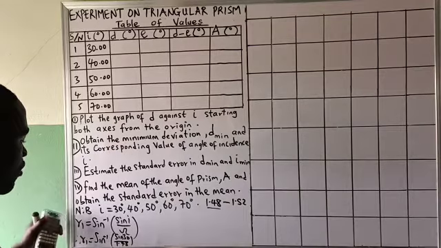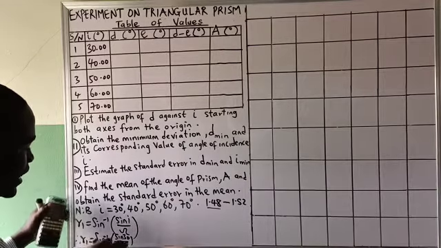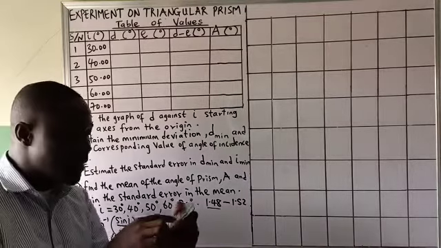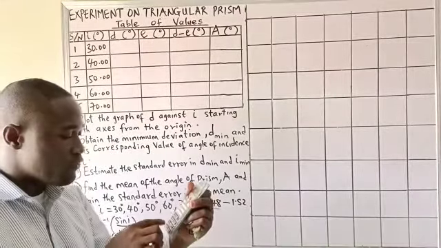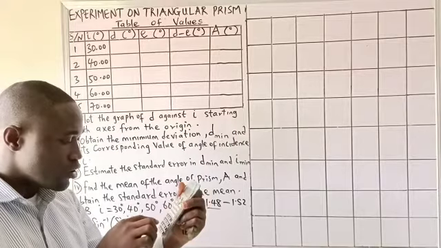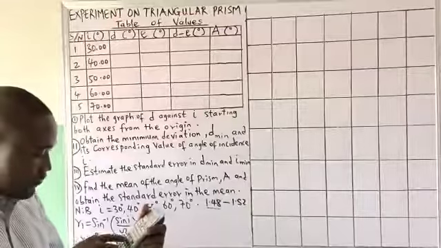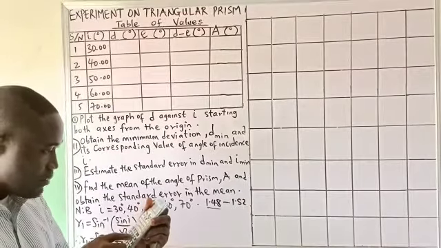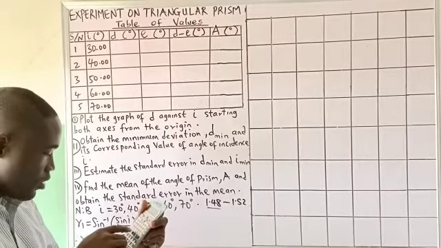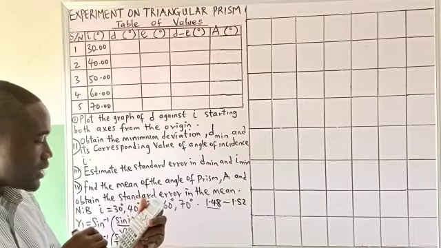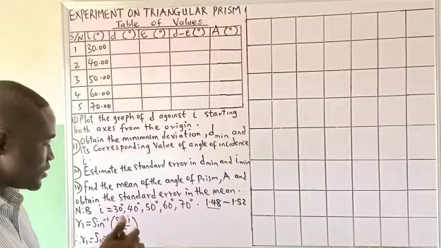Sine inverse of sine 30 over 1.48. Sine 30 is 0.5. I'm using my calculator now. I will now say sine 30 is 0.5, divided by 1.48. That will be giving me 0.3378.